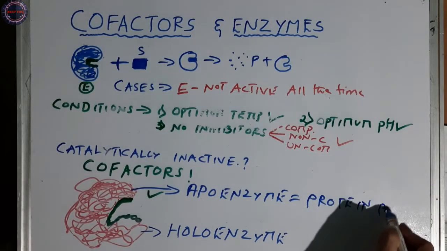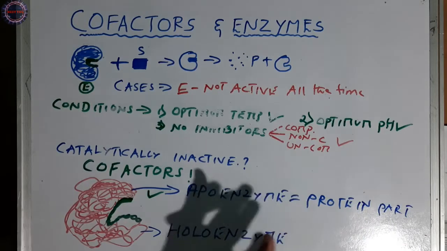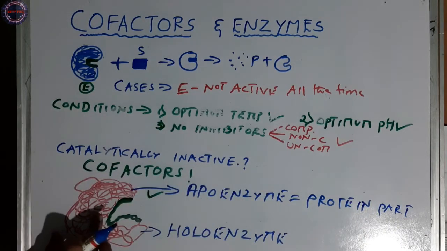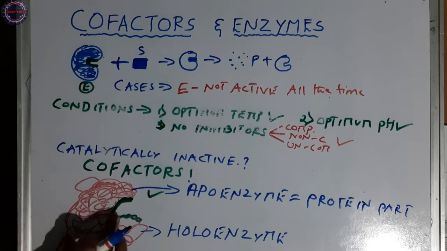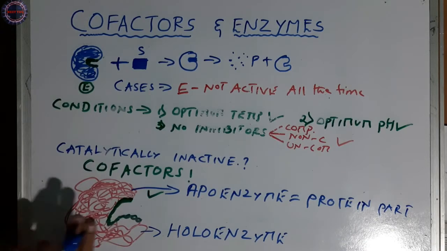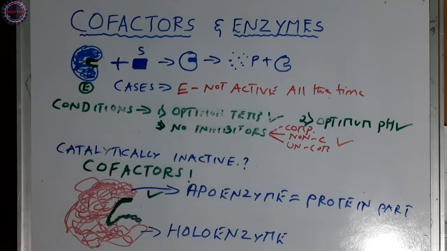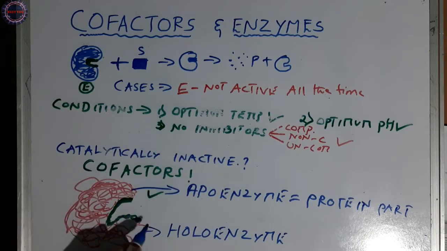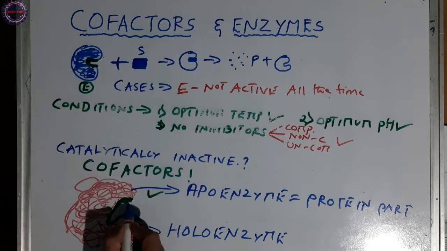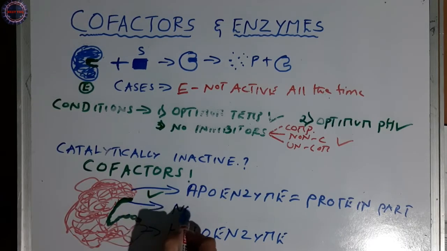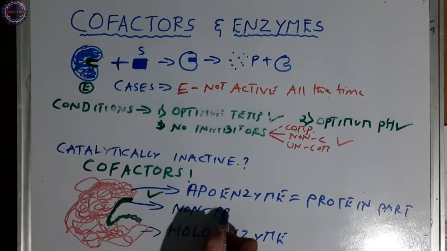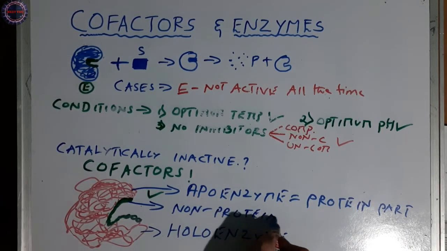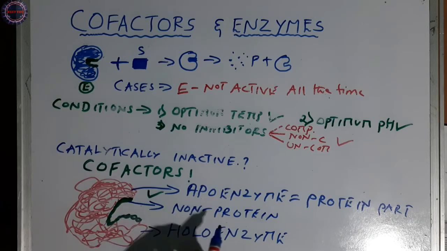We use this term only when this part of the enzyme binds to the cofactor. Otherwise I cannot call it apoenzyme. Remember it. So apoenzyme is the protein part of the enzyme, and it binds to the cofactor. So what is this cofactor? The cofactor, the green color one, is the non-protein part of the enzyme. What is the mechanism of this non-protein part?